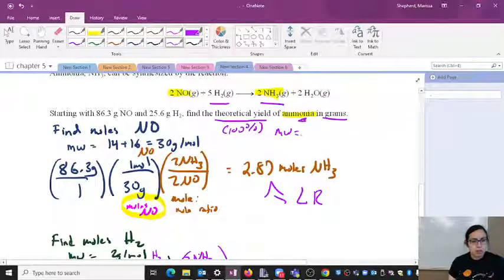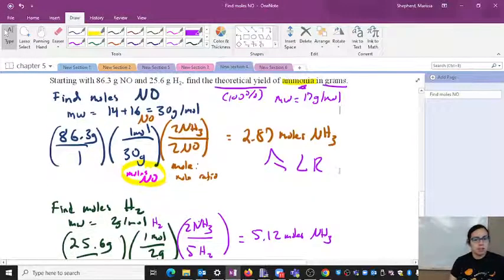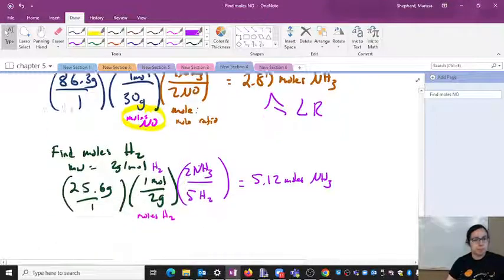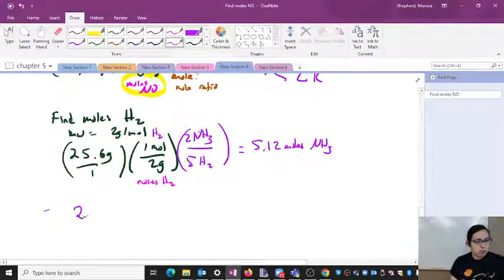And so what's the molecular weight of ammonia? Let's see, molecular weight of ammonia should be 17 point, you can round to 17 probably. So then we can take this 2.87, so again, moles of ammonia.